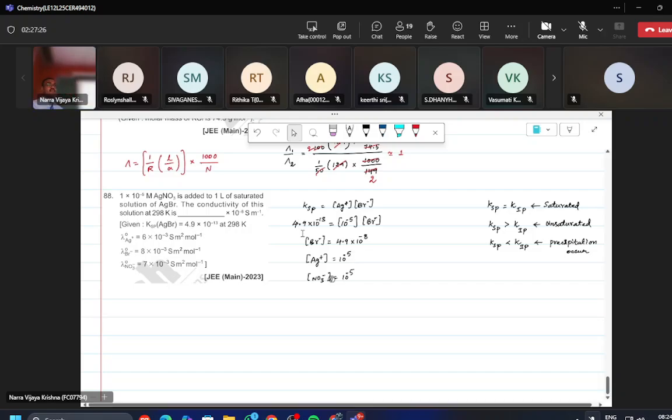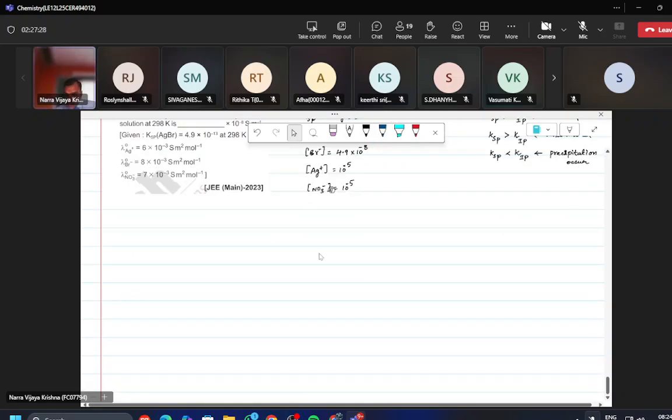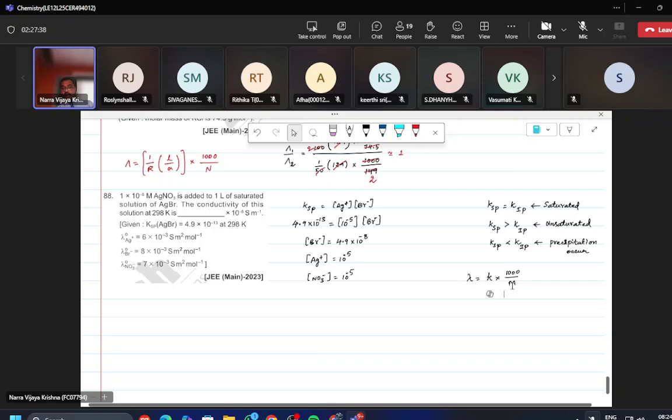Lambda equals kappa into 1000 by molarity. Now I know the concentration of Br minus and lambda of Br minus. From that, what will you get? Kappa of Br minus I will get.